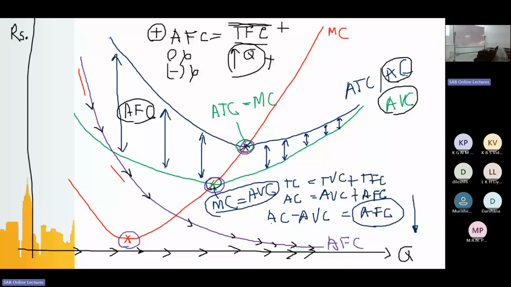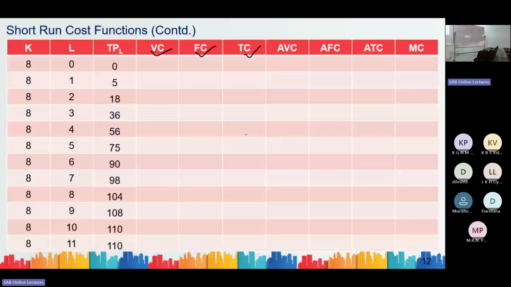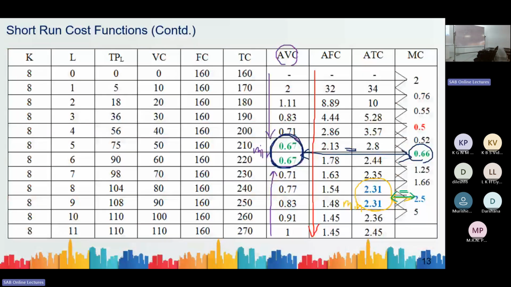So this is the order in which the minimum points of each curve lie.